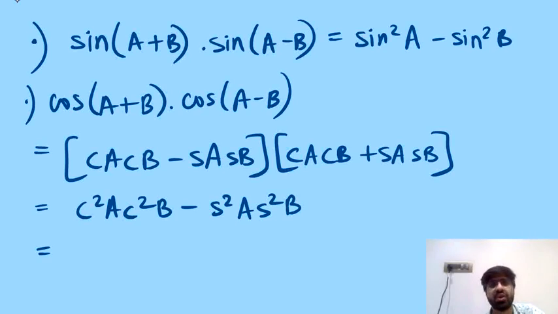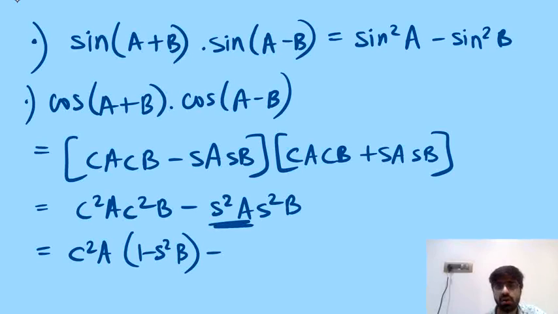Now in this case we don't want everything in cos or everything in sin. If we are using cos a, then we will use sin b. So cos square a into, like I said, we need to use sine b. So we will rewrite cos square b as 1 minus sine square b. We are using cos square a, so we will rewrite sine square a as 1 minus cos square a.